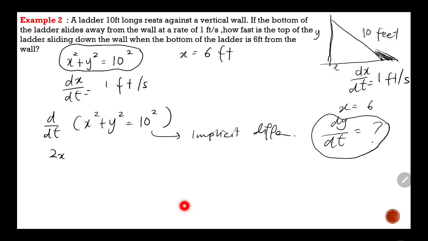So 2x dx over dt plus 2y dy dt, and this should equal 0. Now we have this equation. Do we have the numbers here?